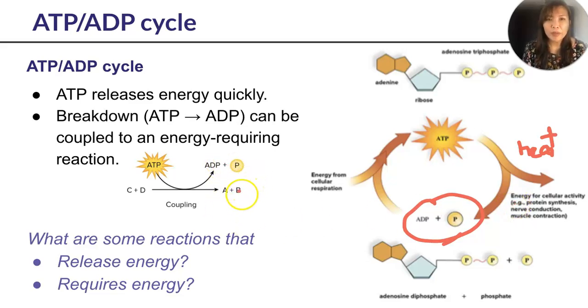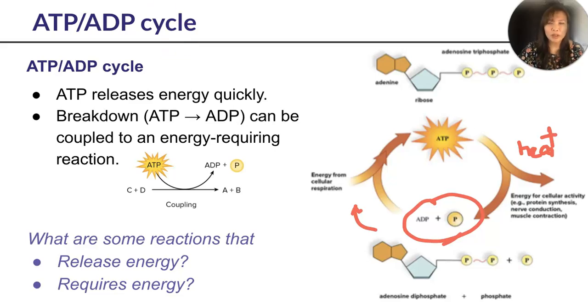But for the most part, reactions are going to couple with ATP, and then you end up with this ADP. This ADP will reform when we undergo different types of respiration, cellular respiration, in order to convert it back to ATP. So what are some reactions that you can think of that release energy versus those that require energy?